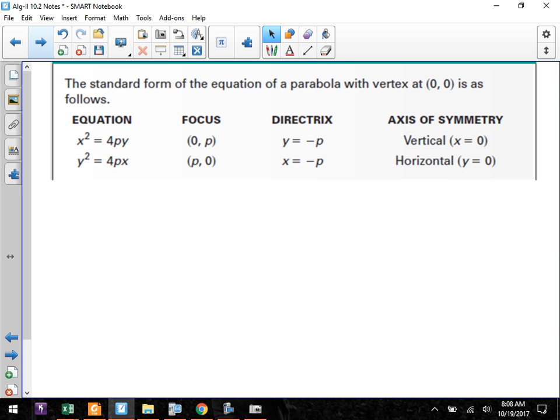Your directrix is always going to be at y equals the opposite of p. So if my p value happened to be -6, meaning it's opening downward, my directrix would be at y equals 6 above it. That's how that works. They're just always going to be opposite.